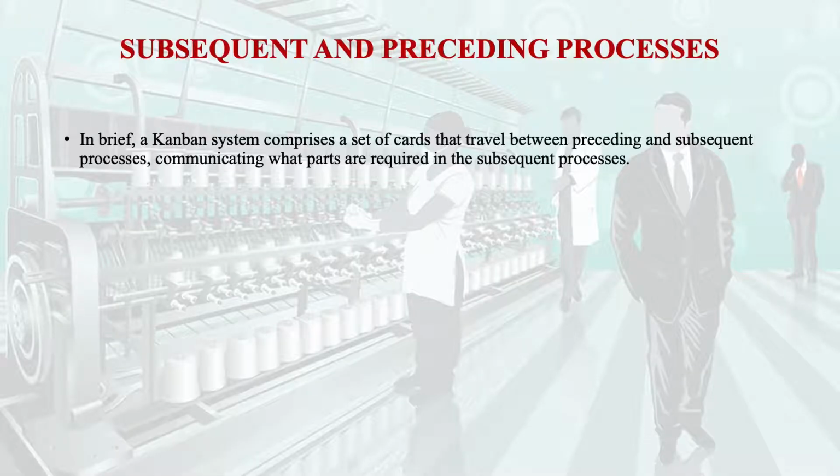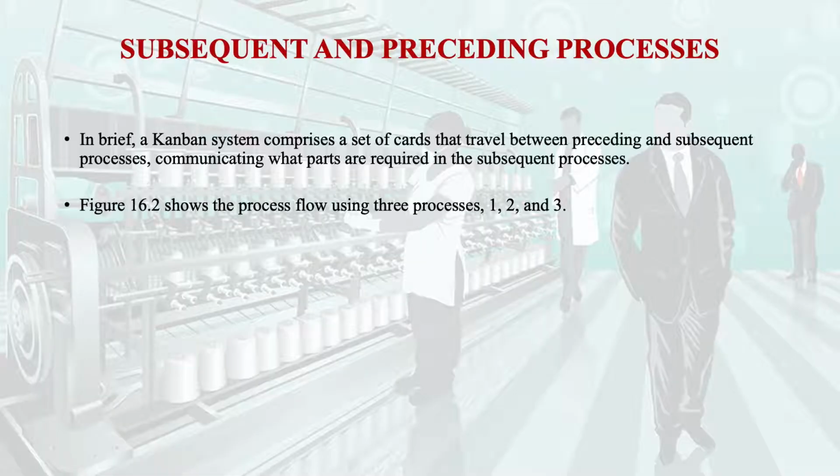In brief, a Kanban system comprises a set of cards that travel between the preceding and the subsequent process, communicating what parts are required in the subsequent process. We are again going to show you a figure.